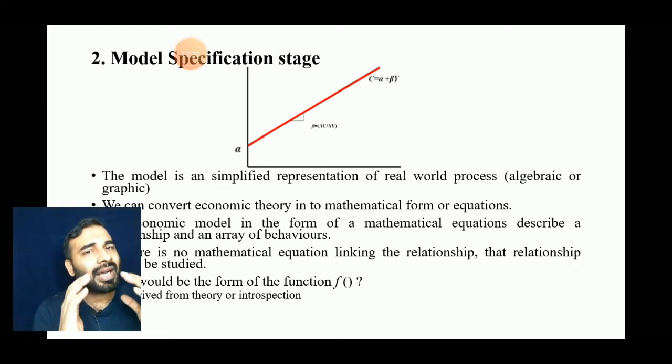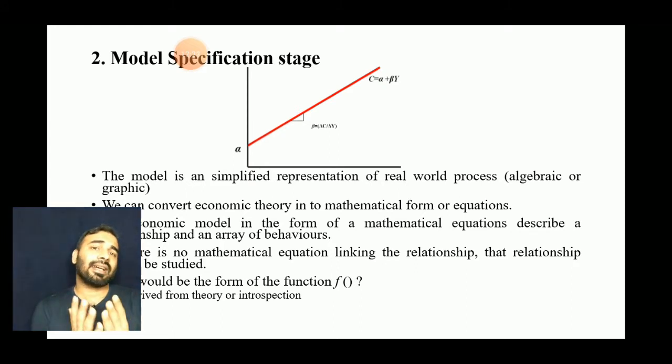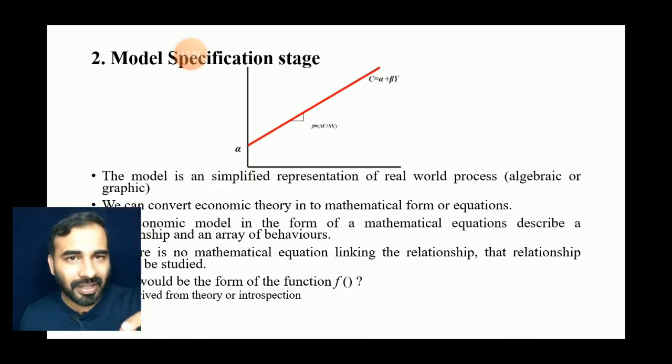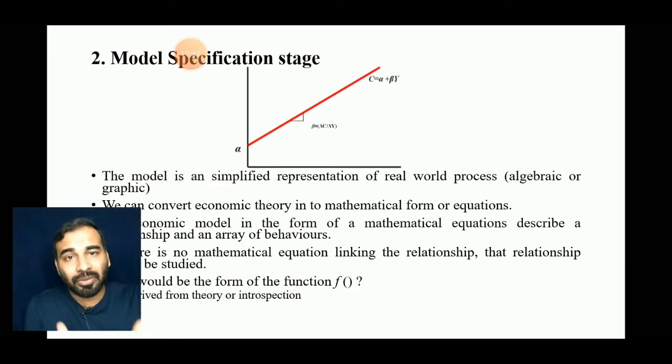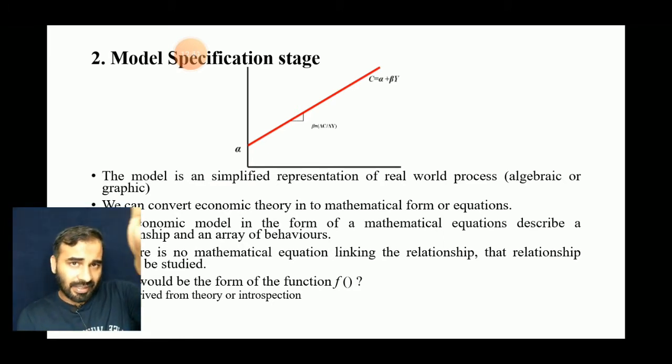Because of the idea given by Keynes, that is autonomous consumption. That means even if a person does not have an income, he has to consume. How much he will consume, that amount is known as autonomous consumption. That's why you can check that our graph is starting at a point above zero.